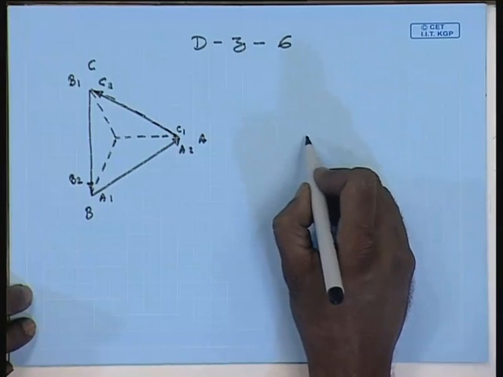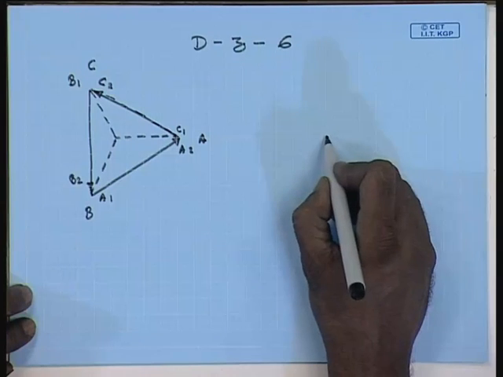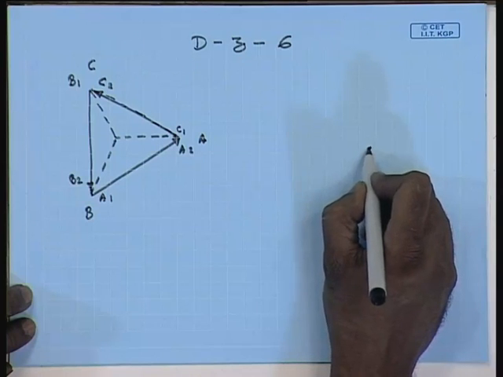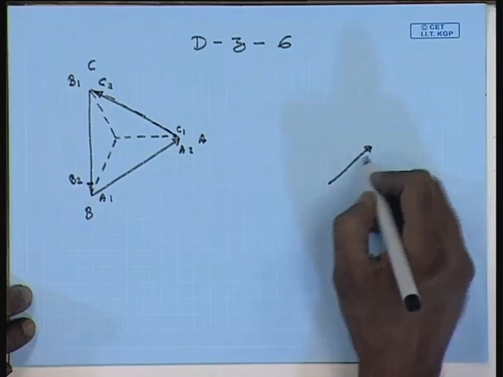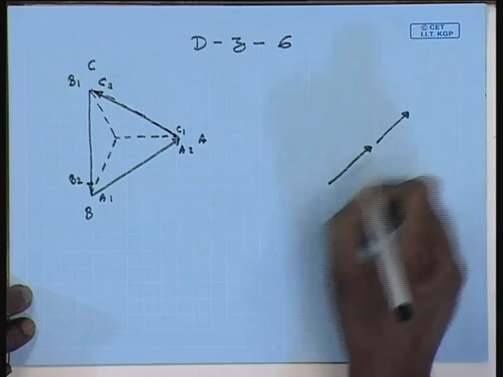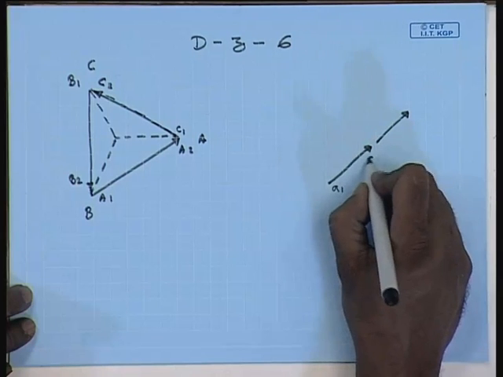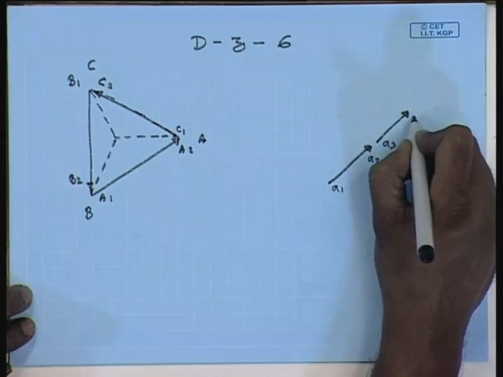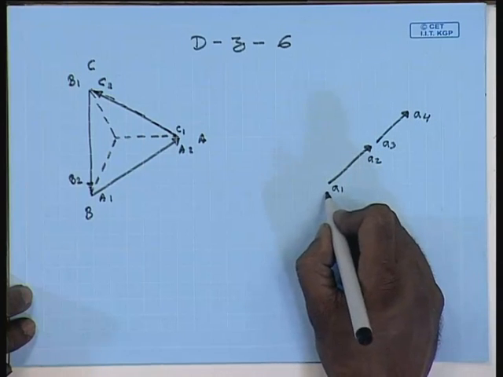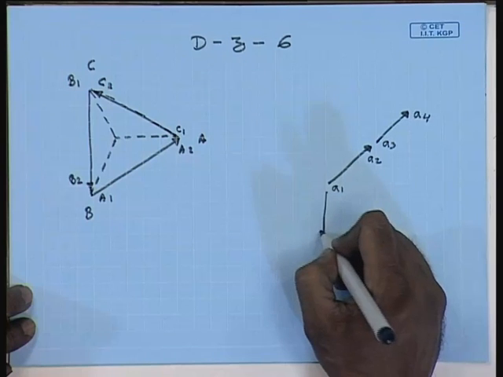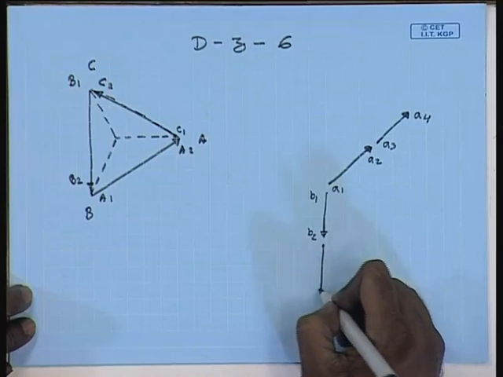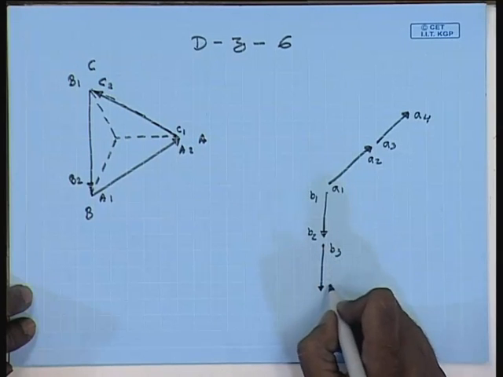So, you will have two voltages A1, A2, A3, A4, then B1, B2, B3, B4.